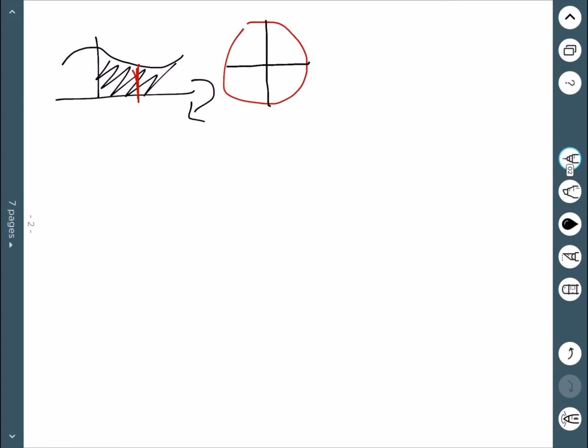Whenever I want to find the area of a cross-section, we would find the area of the circle, which would be pi r squared. And r is just your function. It's the height of your function, which gives us the pi f of x squared that we saw before. The disk method is just a particular variation of the general slicing method.